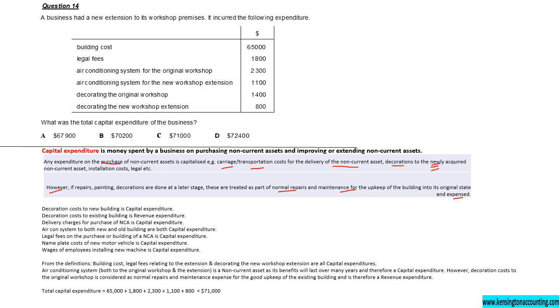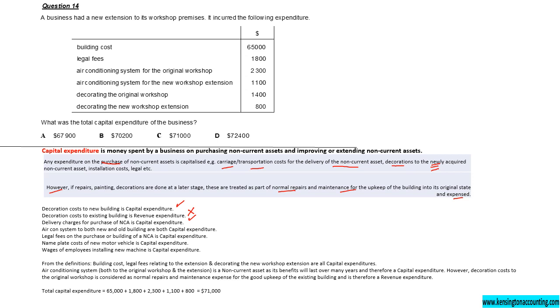Decoration costs for a new building, that's a capex, capital expenditure. Decoration cost to an existing building, that's a revenue expenditure. Delivery charges regarding the purchase of a non-current asset, that's also a capital expenditure.